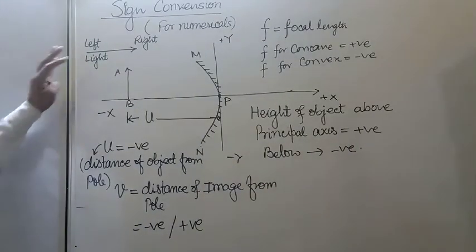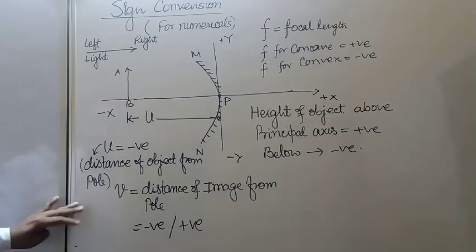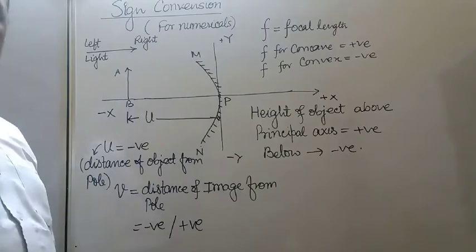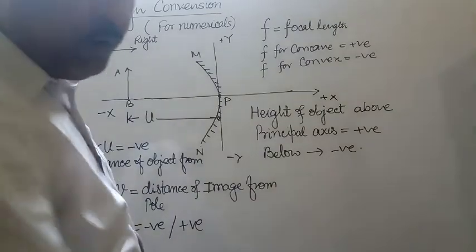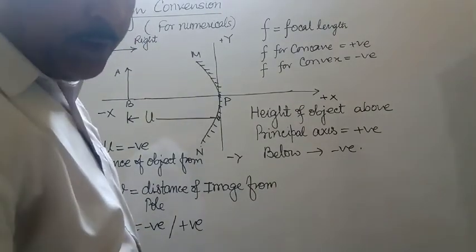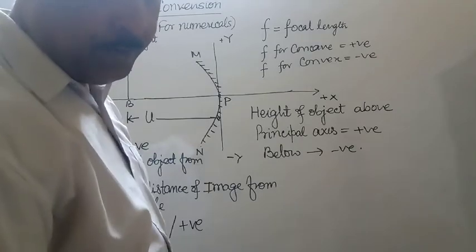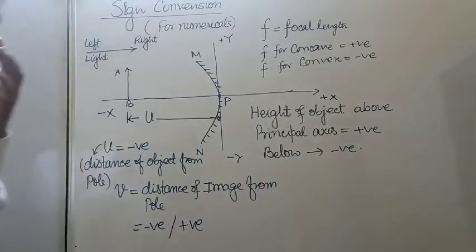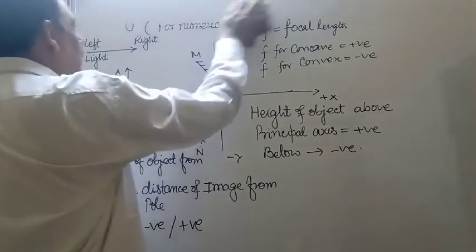So this is all the sign convention. Without this sign convention, it is very difficult for us to solve the problems. So we will take some problems from the book, one by one. For this we will use the mirror formula to solve the problems.